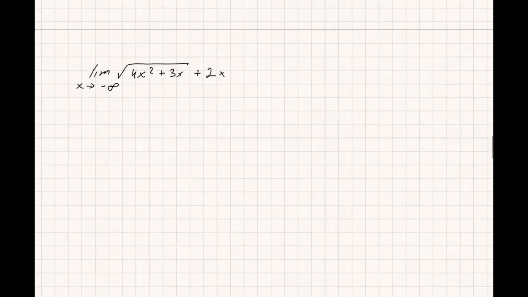Okay, so let's go to another example. In this case, we have the limit of the square root of (4x squared plus 3x) plus 2x outside of the square root, as x approaches negative infinity.